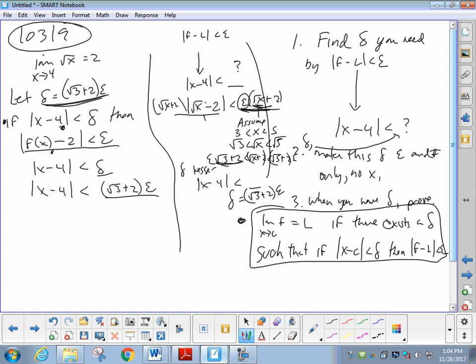So we got this by first assuming that x is close to 4.